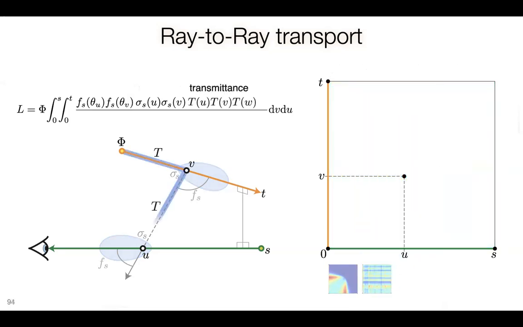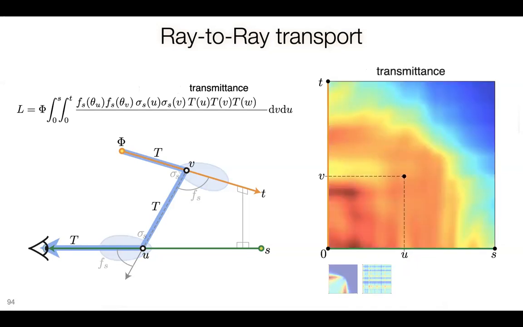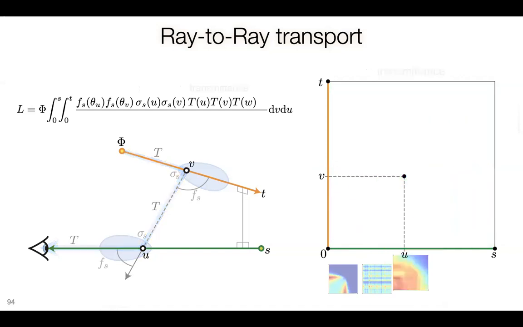The last term we are interested in is the corresponding transmittance. When you go from one point to another, there are three segments here, one on the u, one on the v, and one in between, and the corresponding product of this transmittance looks like that. After that, there is also a visibility term between the two points u and v. If it is 0, there is no visibility, there is an occluder; otherwise it's visible.